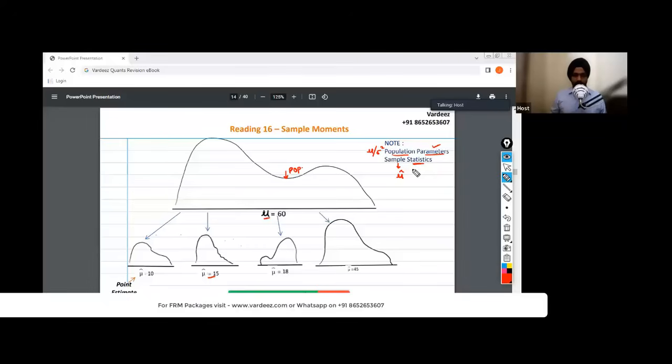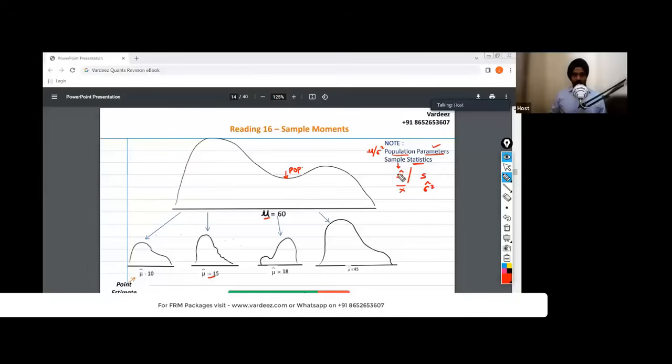The mu hat is also referred to as X bar, this line that you see here. Also for variance, we say it's S squared, which stands for sample variance, or maybe we can say sigma squared hat.